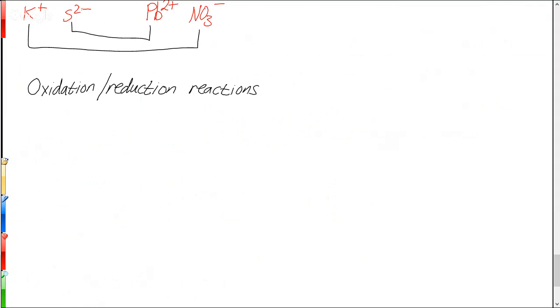Those other reactions can also be oxidation reduction reactions. We can think of oxidation and reduction as a change of charge. It's not really charge. It's something different called oxidation state. But for our purposes, we can think of it as a reaction where one of the elements changes its charge.